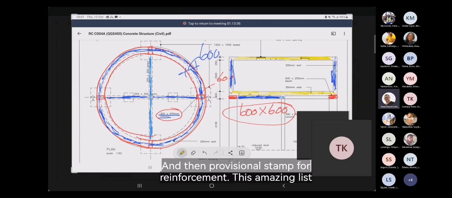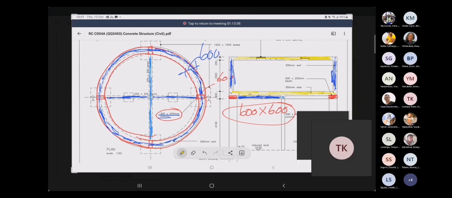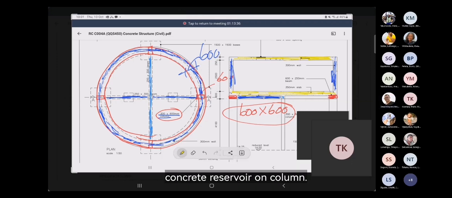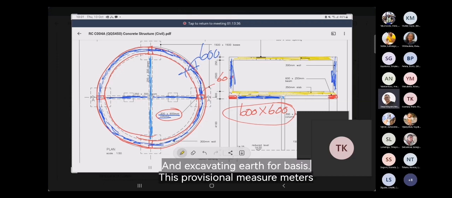This is a measuring list of all the items. And in measuring this, you basically transfer the measuring list straight to your description. So we start measuring this, we look and we say the following: in concrete reservoir on column. Excavate in earth for bases.